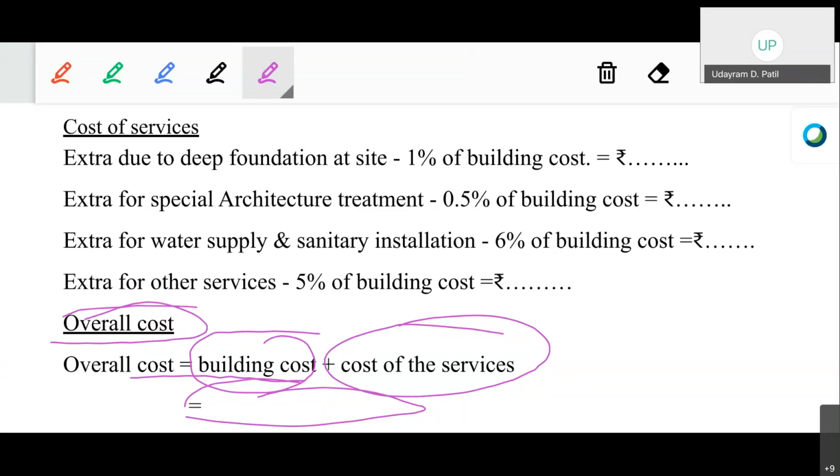So the building cost was 43 lakhs 8,359 plus total cost of the services, that is 5 lakh 38,543.63.